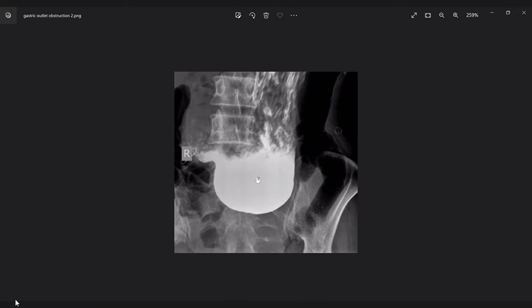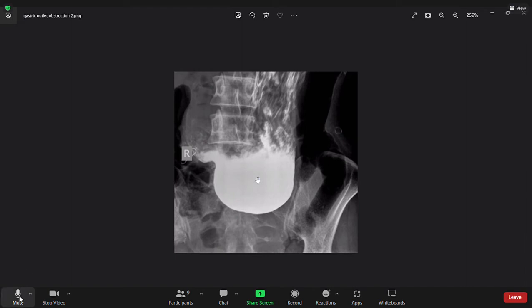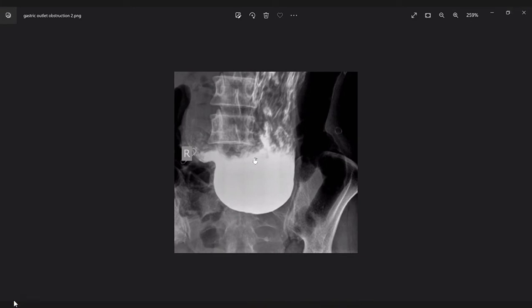Low potassium, hypokalemic, hypochloremic, hyponatremic, metabolic what? Alkalosis. Because they've been losing all of that acid in the vomit as well.